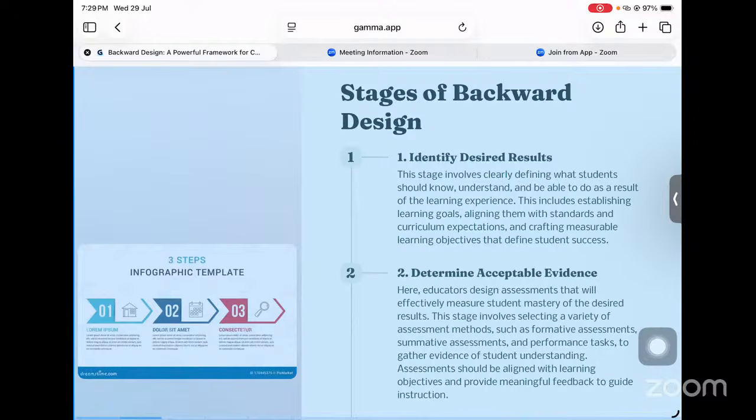So what you need to do is have your learning goals ready. Align them with the standards that you are following. If you are following a particular curriculum, then get all those curriculum standards. And have the learning objectives, because then you will get to know how your students have done, because whatever learning objectives are there should be visible in the assessment.